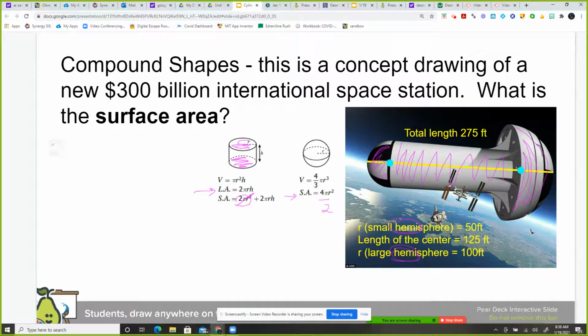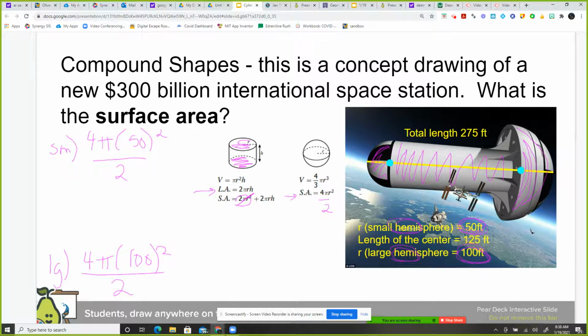So for the small, we're going to do 4 times pi times that radius of 50 squared divided by 2. And for the large, we're going to do the same thing, 4 pi, this time 100 squared divided by 2, right? So I've got the radius and the radius.